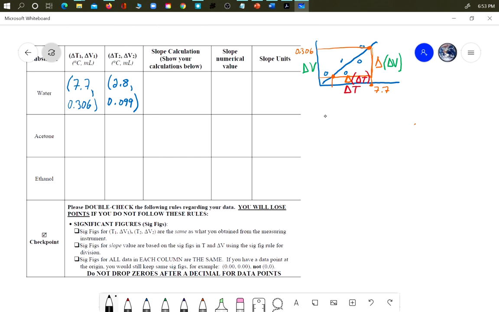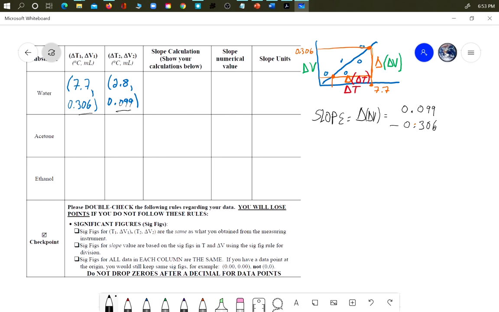All right, so our slope has got to be the change in delta V, which is delta V2, oops, erased it, minus delta V1. So that's going to be 0.099 minus 0.306. And we're not going to worry about the negative sign because it'll work out when we take the ratio.